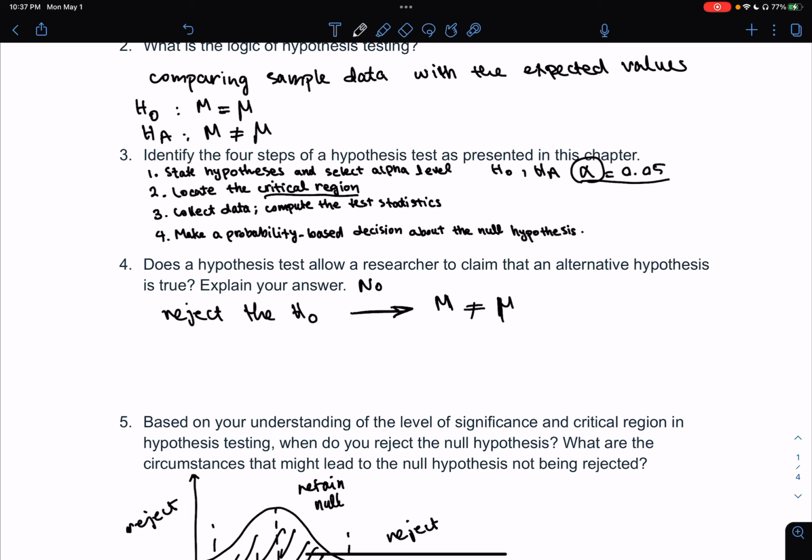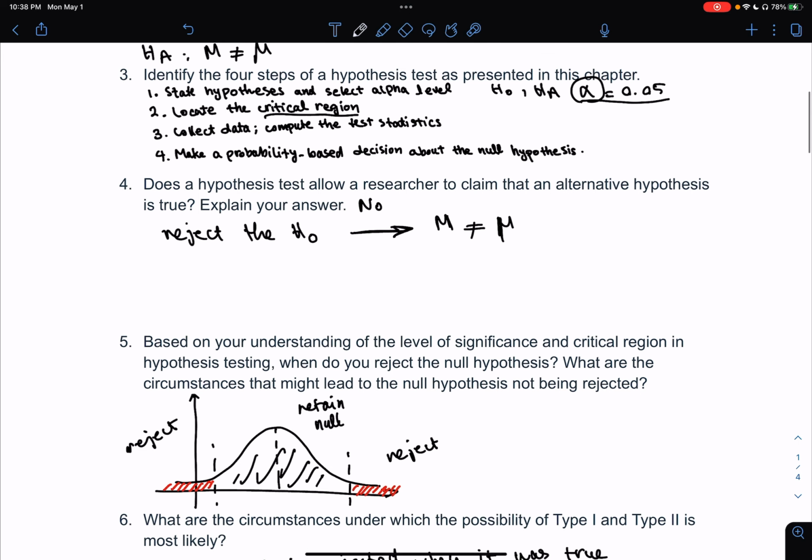So you basically conclude that the sample is not similar to the population. So based on that, we make conclusions that the treated people are not the same as untreated people. So we find this difference.